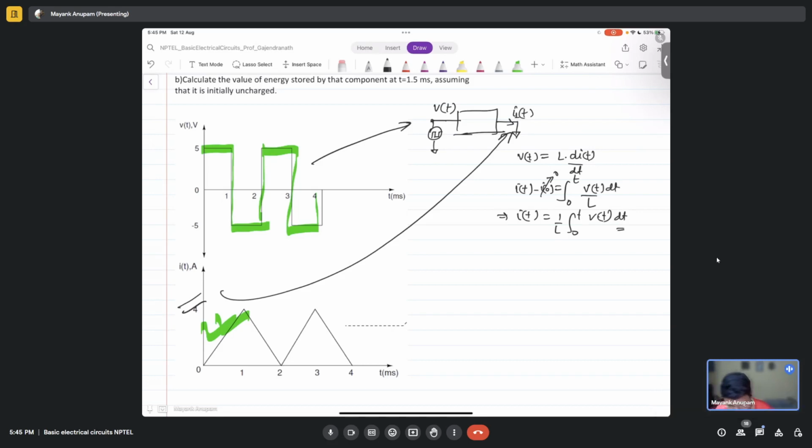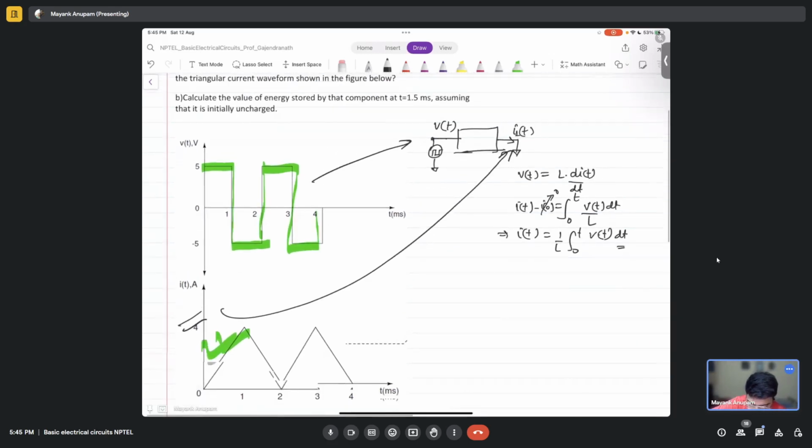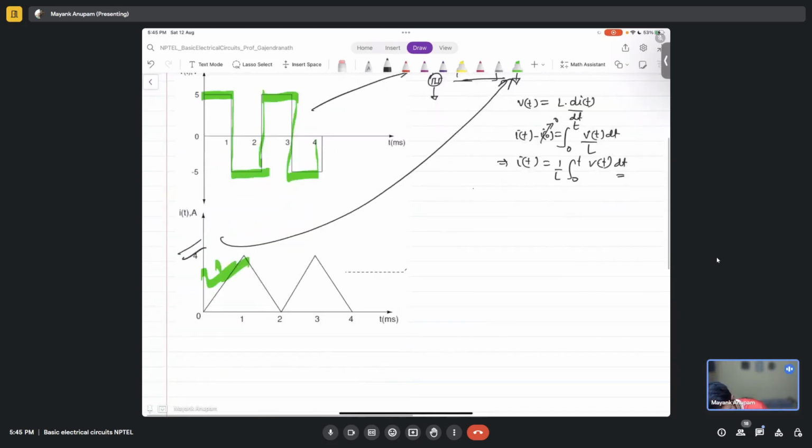The current flowing in an inductor is basically the integral of the voltage appearing across the inductor. So if this is an inductor here, then the current which is going to flow through it, I of t, is an integral of the voltage that is appearing across it, right?